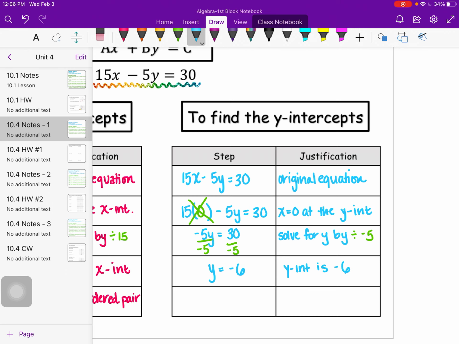We just need to write that as an ordered pair. I know that my x value is 0, and I know that y is negative 6. So (0, -6).